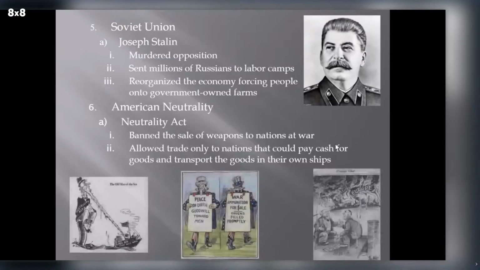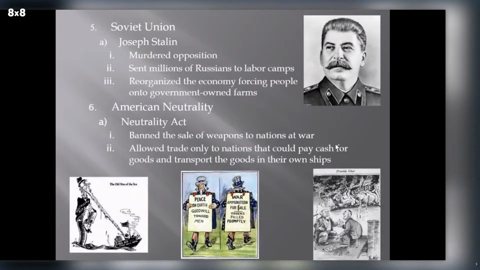There's Stalin. So here was our philosophy. If you look at the first cartoon, it says neutrality, and there's an old man in the sea, but they're hauling stuff off and it says aid that will win.